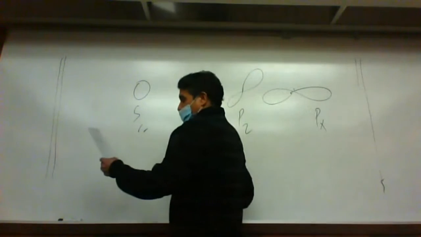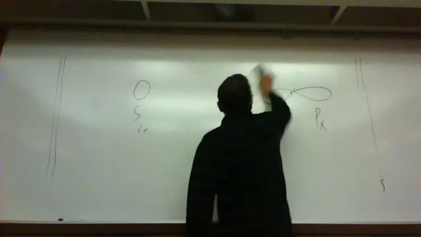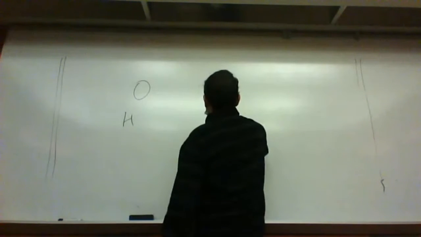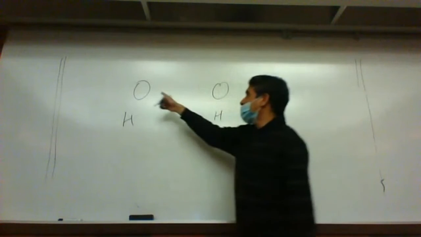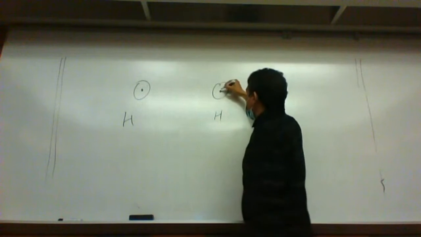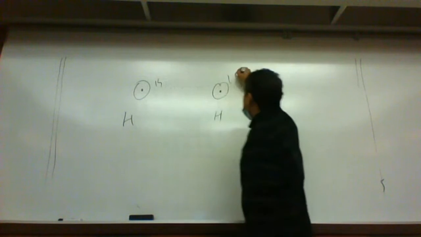Let's look here. Bonds form when orbitals on atoms overlap. So this is a hydrogen atom, and this is also a hydrogen atom. This is the orbital of hydrogen. There is a nucleus, neutron and proton, in the center, and there is outer space, and we call this a 1s orbital.